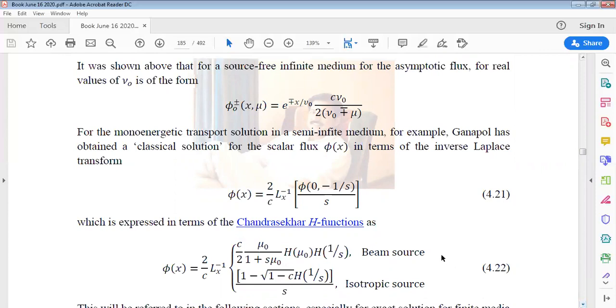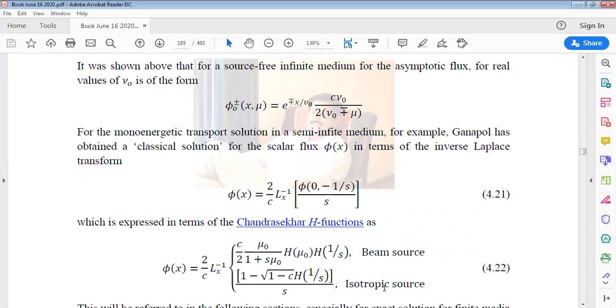Now this is what I showed you for an infinite medium, source free. And Ganapol has the monoenergetic transport solution in a semi-infinite medium. In a semi-infinite medium, he has given a solution for a beam source and an isotropic source.